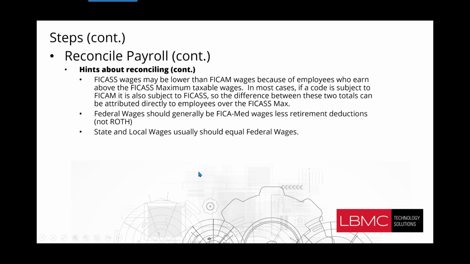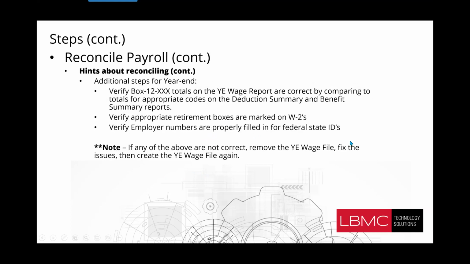Federal wages should generally be FICA Medicare wages less retirement deductions, not Roth. State and local wages usually should equal federal wages. And additional steps for the year end, you want to verify the box 12 totals on the year-end wage report are correct by comparing to the totals for appropriate codes on the deduction summary and benefit summary reports.